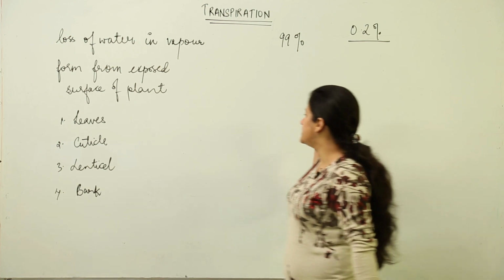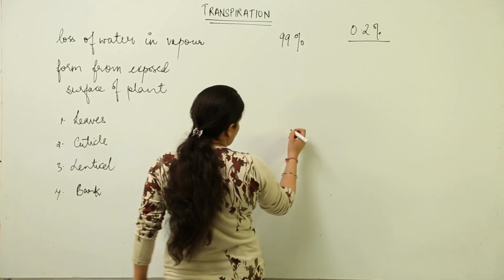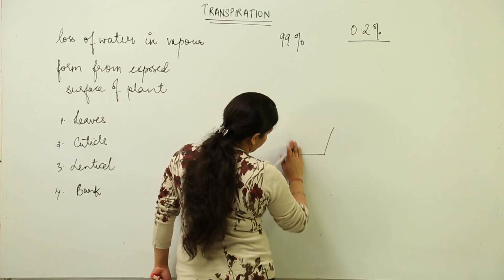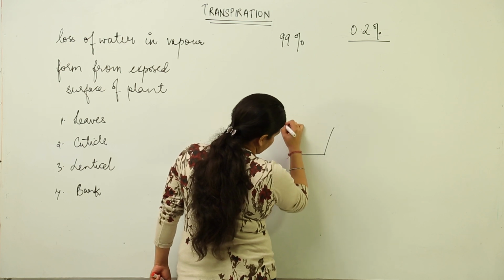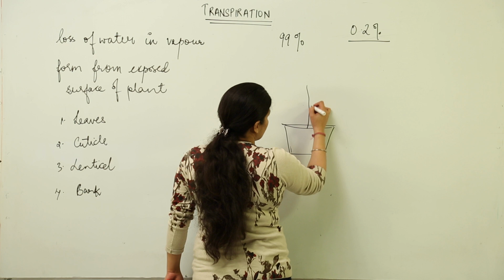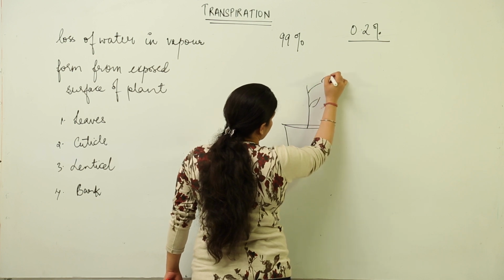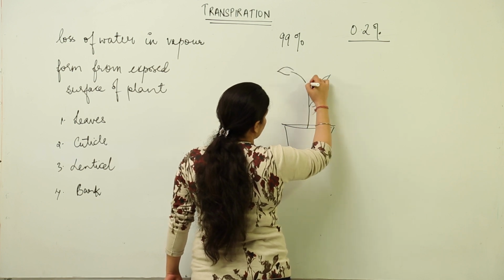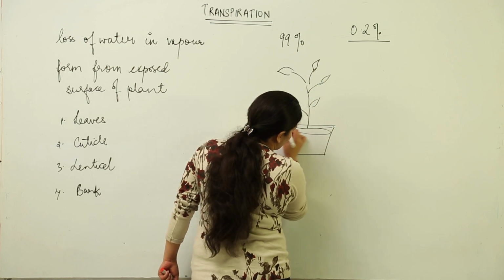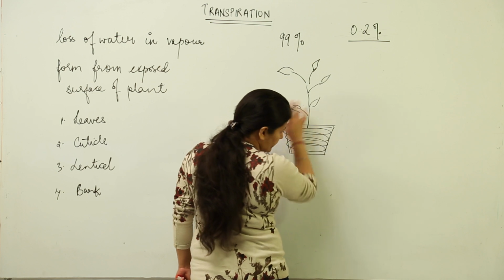Now, how can we observe the transpiration process? There is a simple activity. You again take a potted plant. You see, potted plants are going to be of great help in understanding these activities for you as well, and for those who pioneered in understanding these. There is a potted plant with green leafy structures, simply representing it like this. And it has been kept in a bell jar. This is to be properly covered.